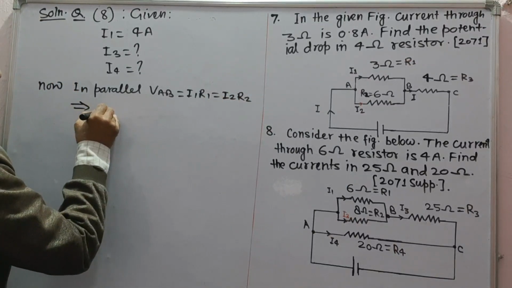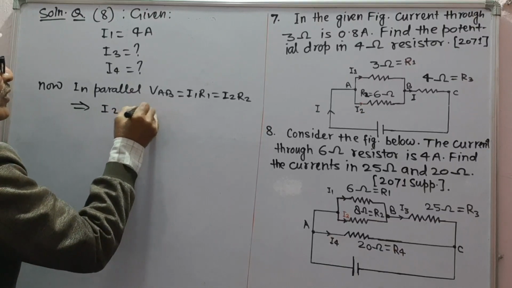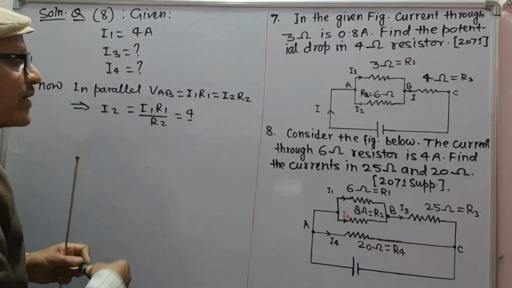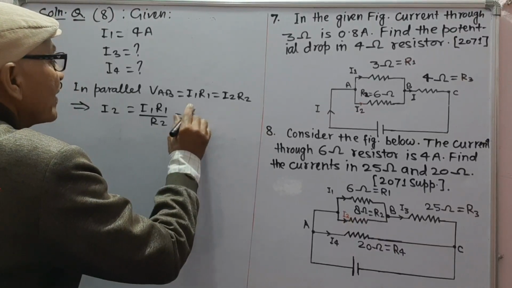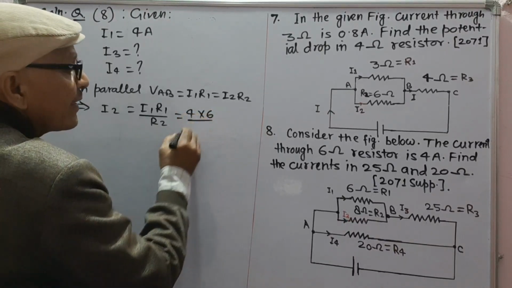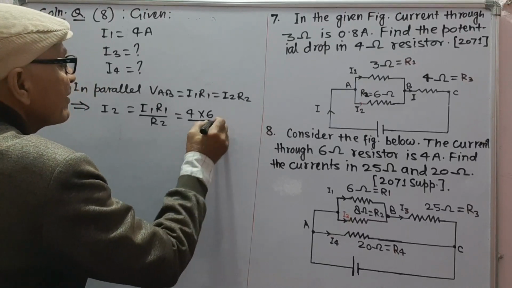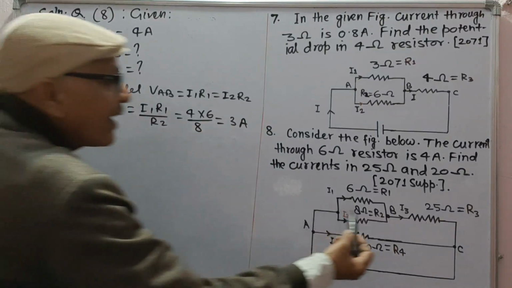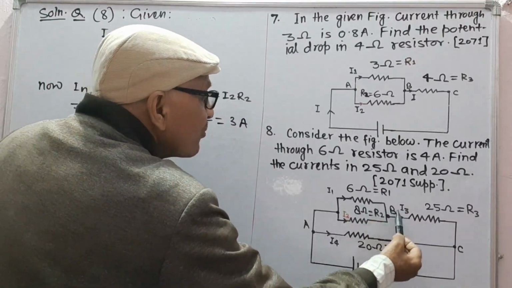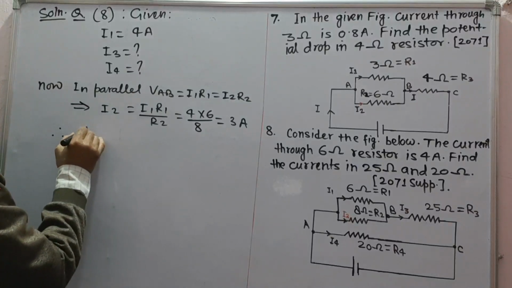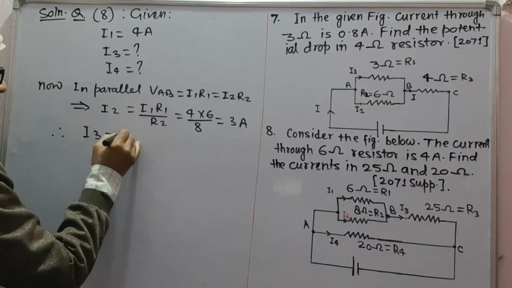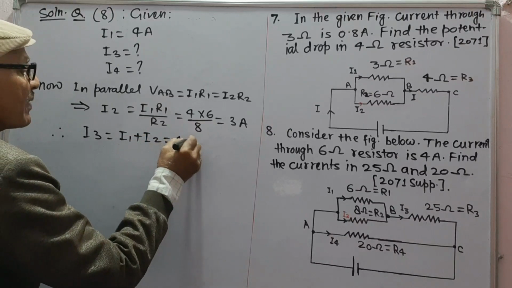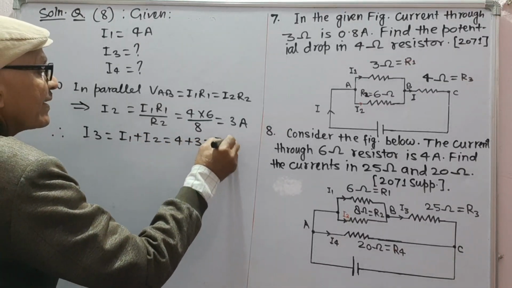This gives I2 as I1 R1 upon R2. I1 is 4, R1 is 6, and R2 is 8. Means this is 3 amperes. Therefore, I3 will be equal to I1 plus I2, means 4 plus 3 is equal to 7 ampere.